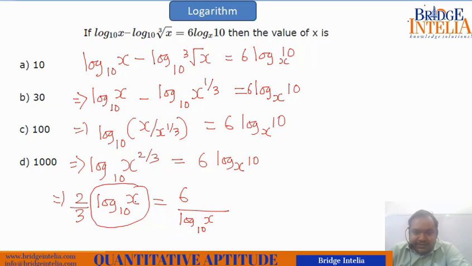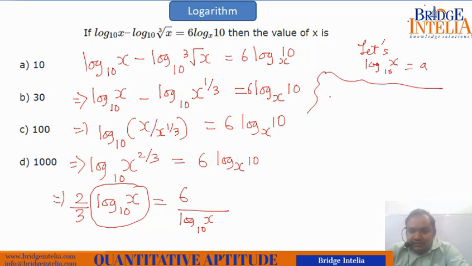Okay, so let's suppose log x to the base 10 to be equal to a. So what do we know so far? We know that 2 by 3 a is equal to 6 by a. So we know that a square is equal to 9. From here we know that a is equal to 3.